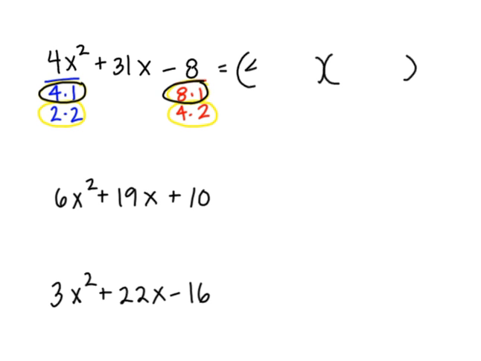So I have 4x and 1x because 4 times 1 would give me the 4x squared in the front. Now, one of the things I mentioned on the first slide was that you cannot have a greatest common factor in parentheses. That means you cannot put the 8 in this set of parentheses because 4 and 8 would have something in common.